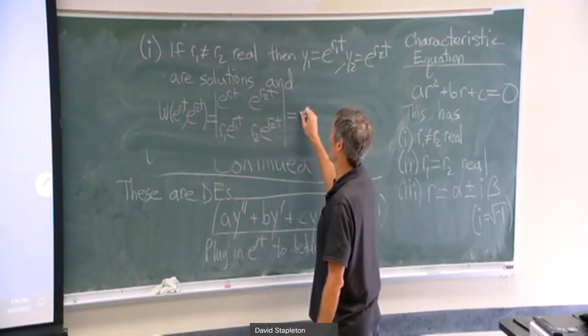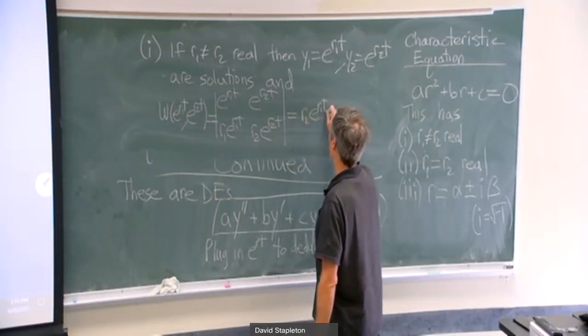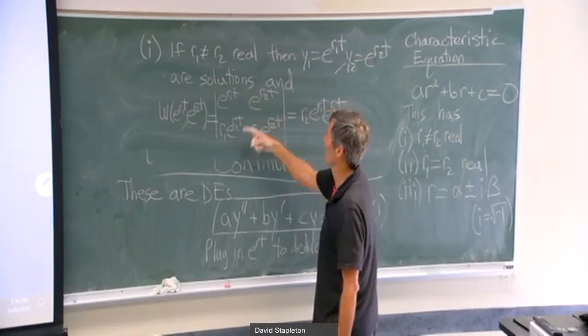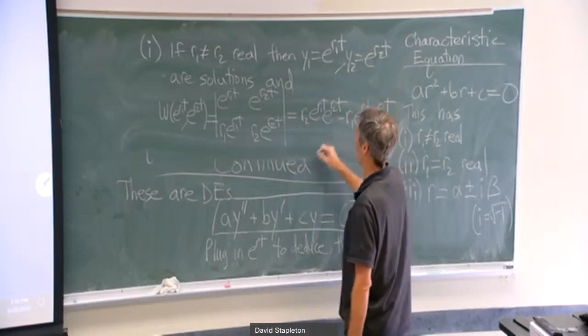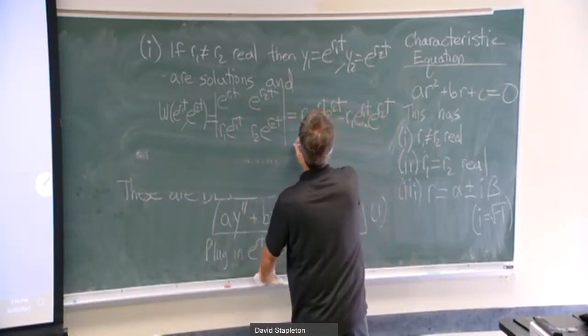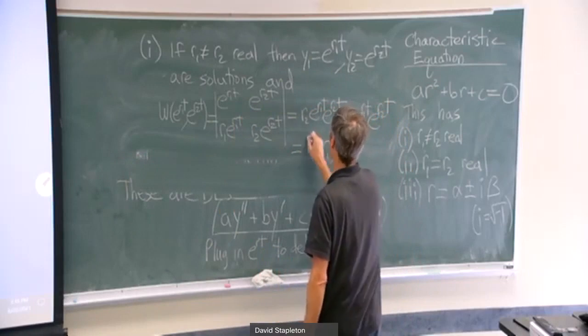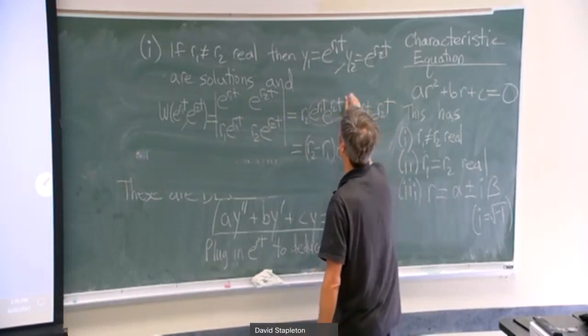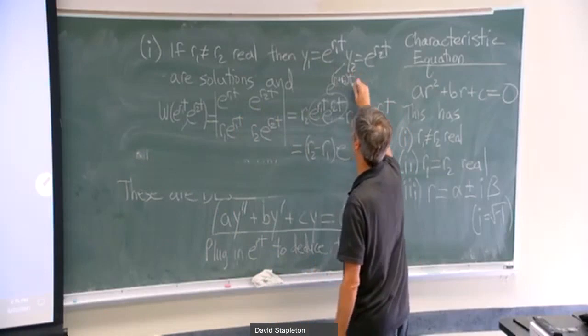So this times this is r2 e to the r1t e to the r2t, and then this times this is r1 e to the r1t e to the r2t, and when you simplify this, it becomes r2 minus r1 times, well, these can be combined into e to the (r1 plus r2) times t, right?